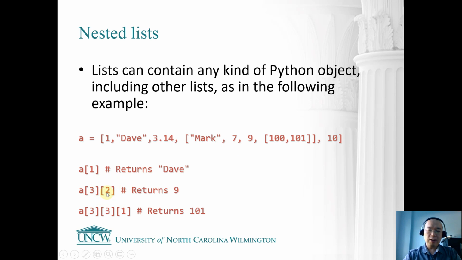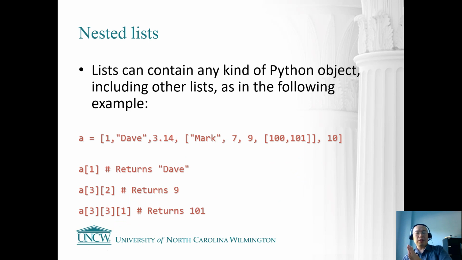Even harder, how about A[3][3][1]? A[3] will be this sublist, and inside it we have mark, 7, 9, and this one, which is index 3. So doing A[3][3], we get the sublist of 100 and 101. If we do another square bracket 1, that is the second item, so we get 101.